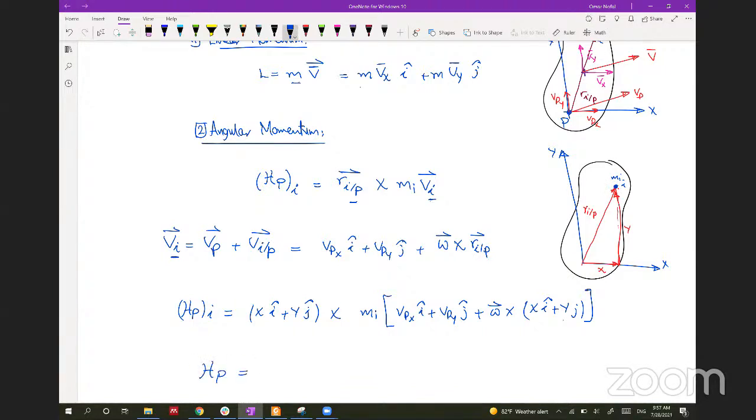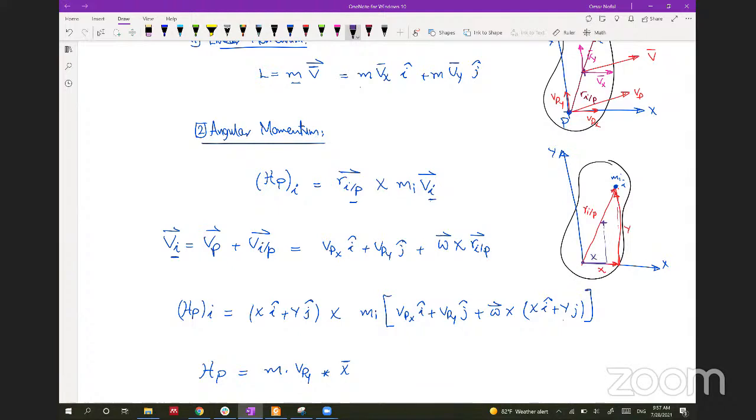Then we will be able to get, after some math, the angular momentum about point P. It will be equal to the mass of the entire body, so let's call it M without i, multiplied by v_By, the velocity at B in the y direction, and this will be multiplied by x bar. If we have our CG here, x bar means the distance of point B from the CG.